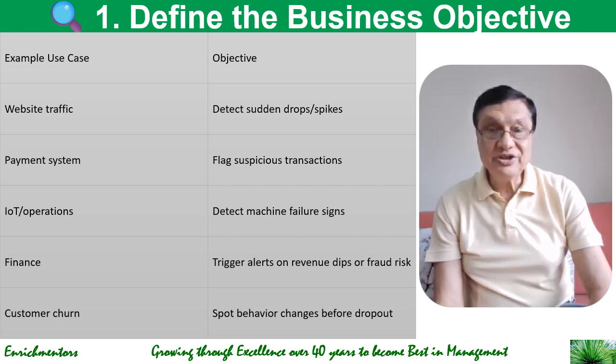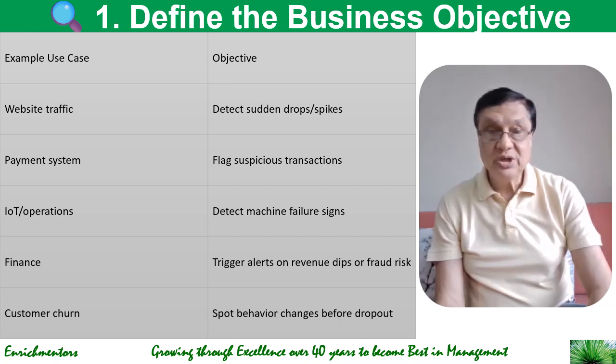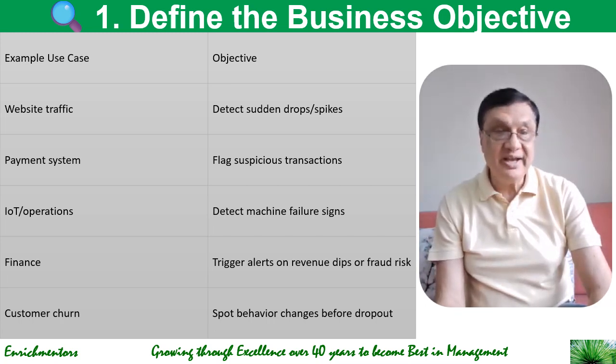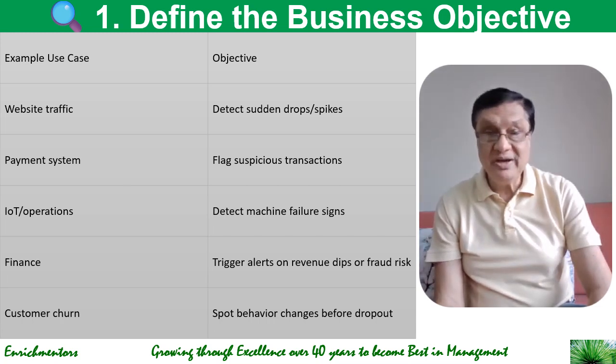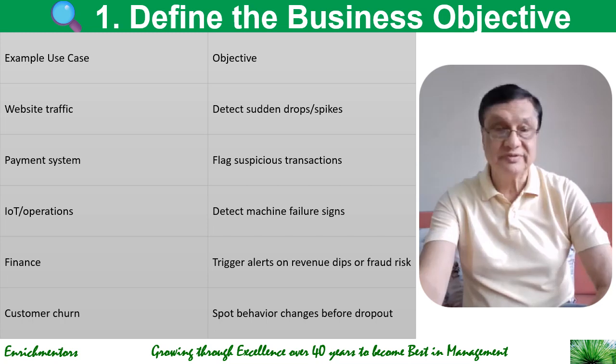In IoT and operations, you may be interested in detecting machine failure signs. In finance, you may be looking to trigger alerts on revenue dips or fraud risks. And in a customer churn use case, you may be interested in spotting behavior change before dropouts. And that's how you define your business objectives.